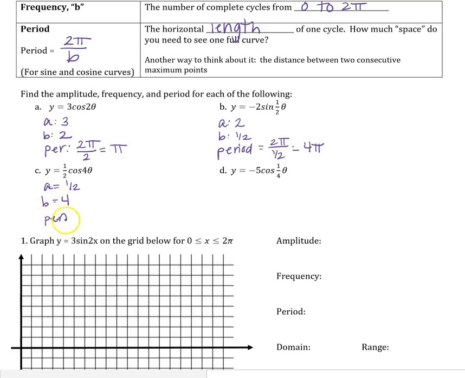So the period must be 2 pi divided by 4, which simplifies to pi over 2. And lastly, amplitude is 5, because that's the coefficient here, and we're always taking the positive. Frequency is 1/4. And the period will be 2 pi divided by 1/4, or 8 pi. It's a nice little warm-up there.